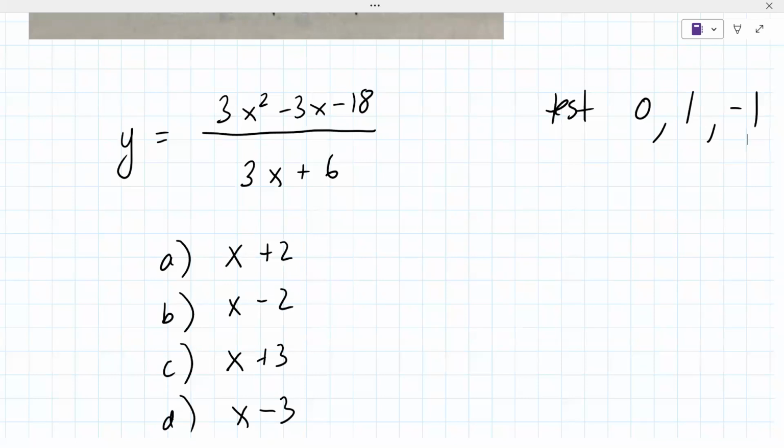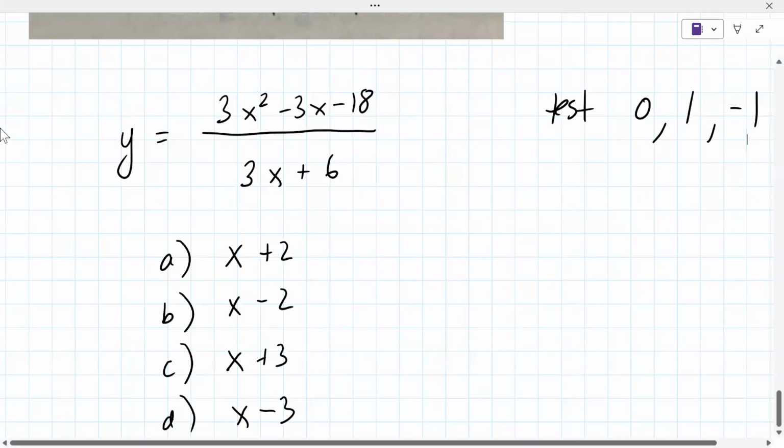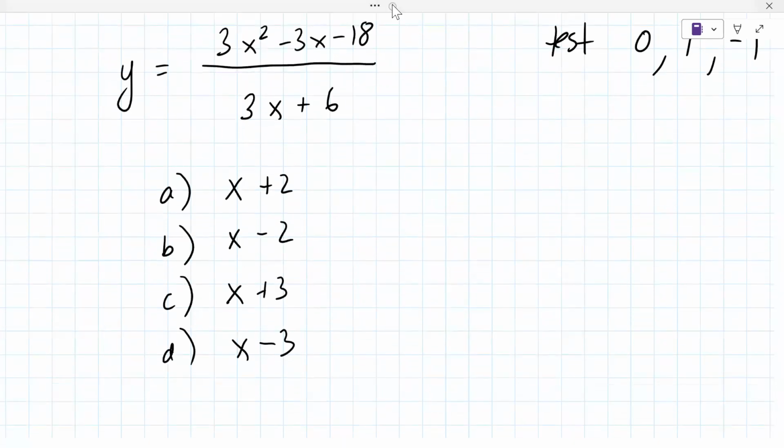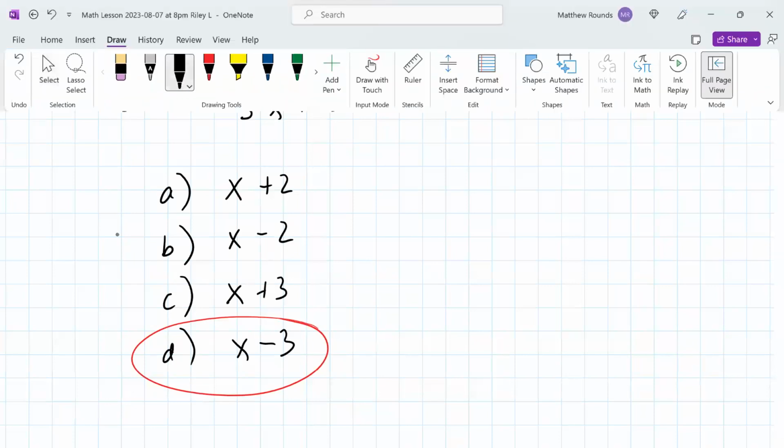So negative 18 divided by 6 reduces to negative 3. So it would be x minus 3. Yeah, I think that works a little better than the factoring. The factoring takes longer.